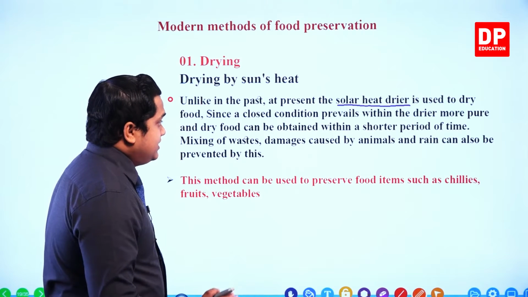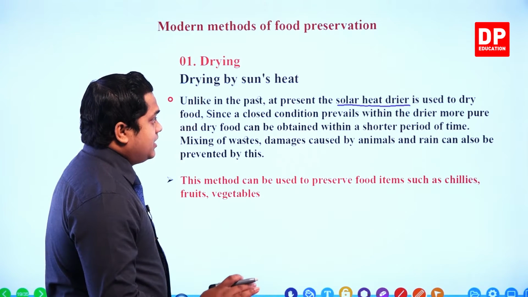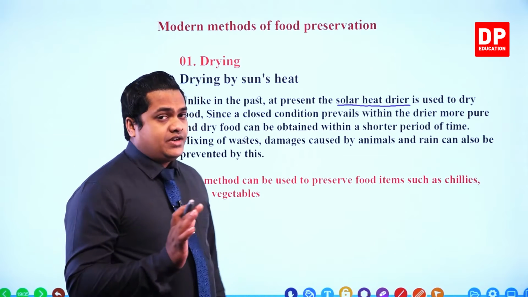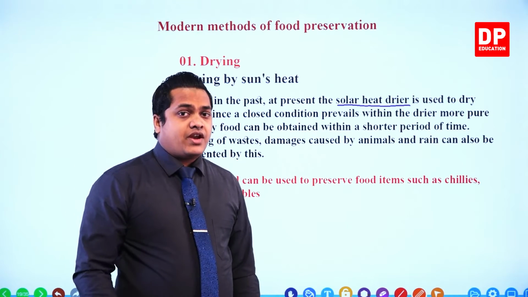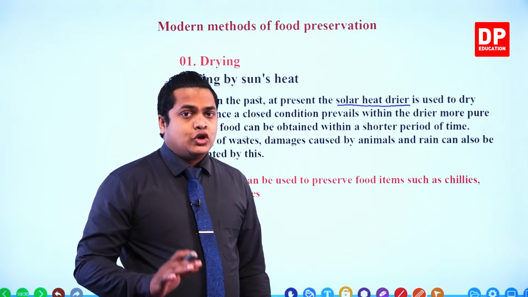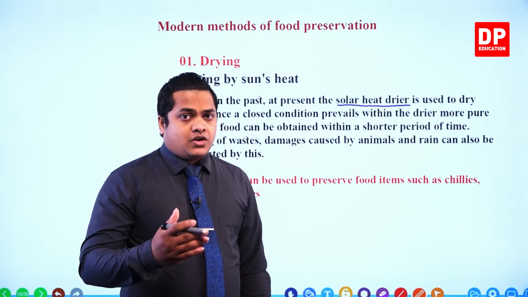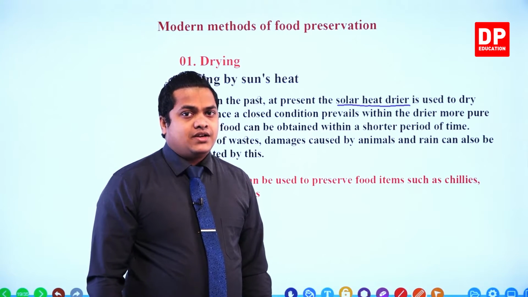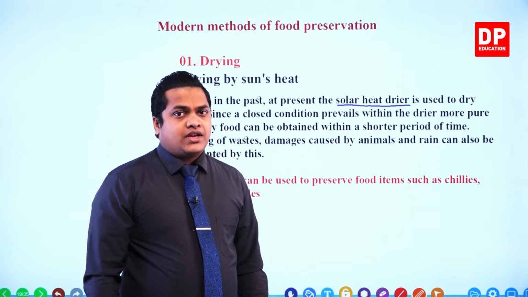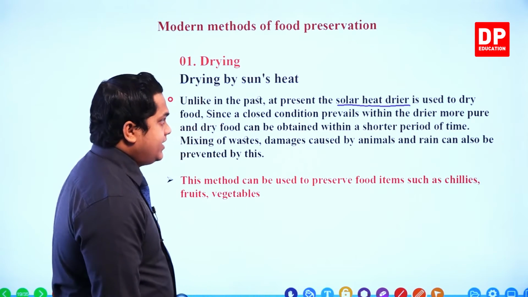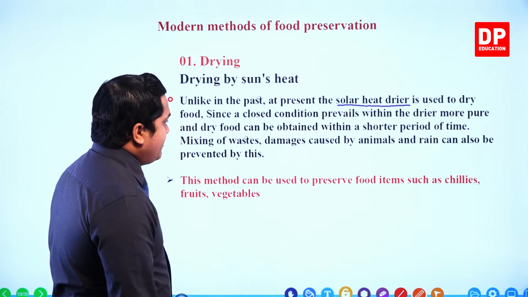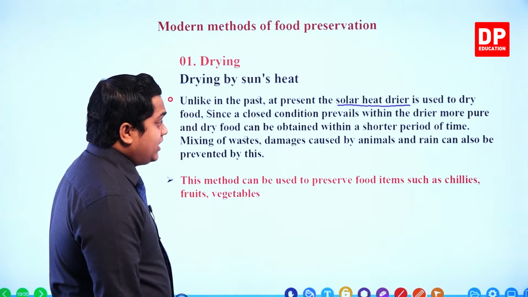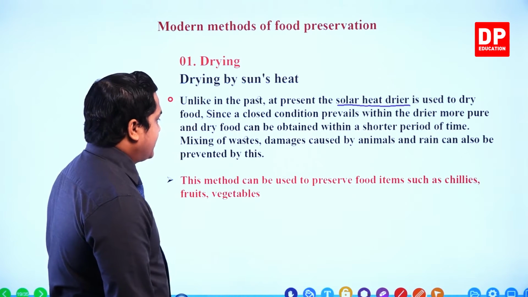As it has a closed condition within the dryer, a good amount of heat is contained within the system, so that the food item gets dried out very fast. More pure dry food can be obtained within a shorter period of time.